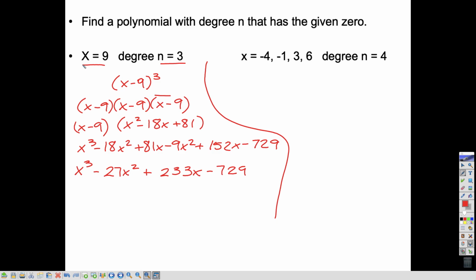What factor did that come from? x plus 4. What factor did the plus 1 come from? x plus 1, x minus 3, and x minus 6. I multiply these two, and then I multiply my 2 answers again.